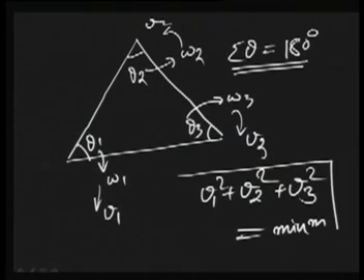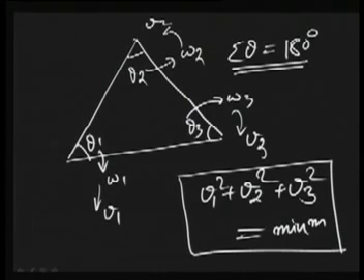Only if my V1, V2 and V3 are coming from the proper method of adjustment, then in that case one and unique solution will satisfy this. For any other solution, this sum of square of residuals will not be minimum.